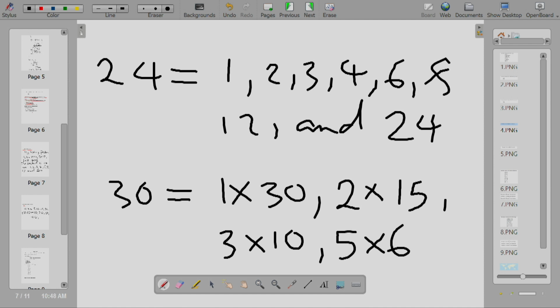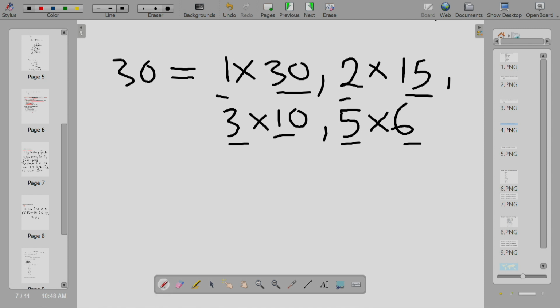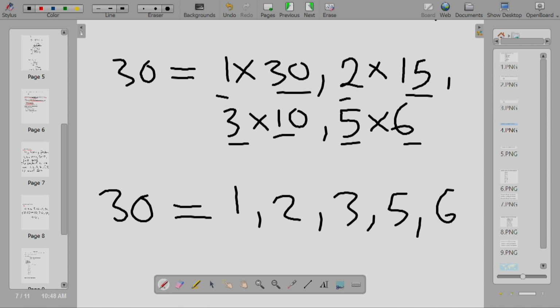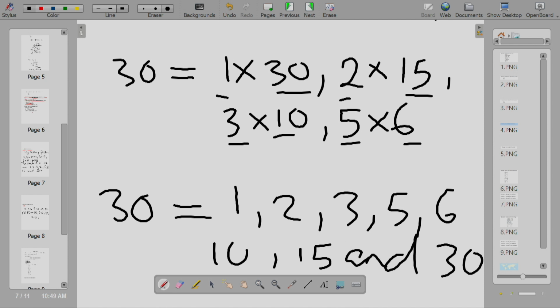So the factors of number 30 will be 1, 2, 3, 5, 6, 10, 15, and 30. So these are the factors of number 30.